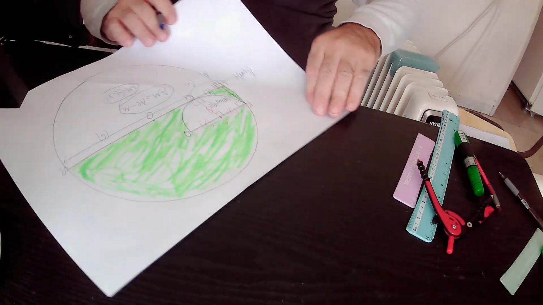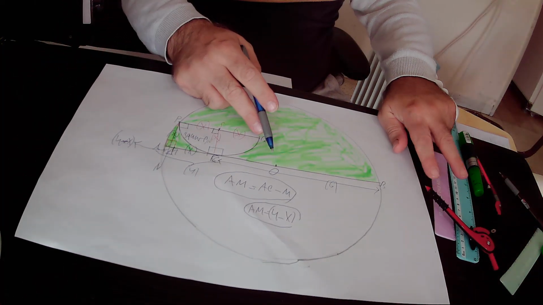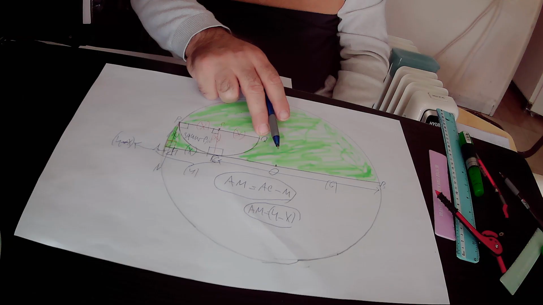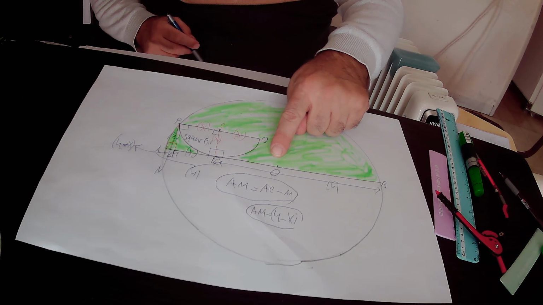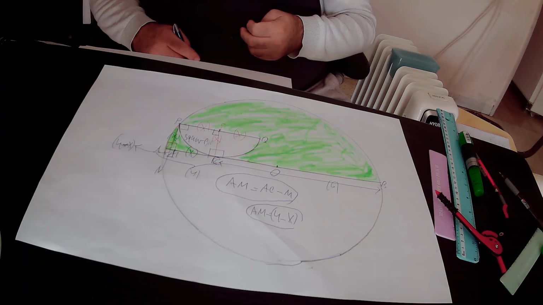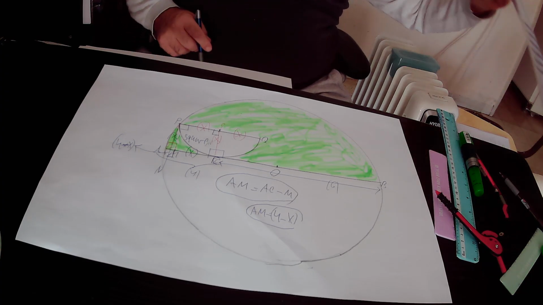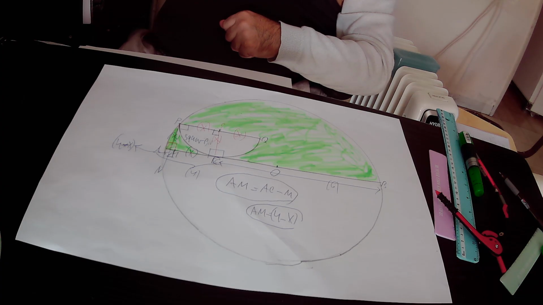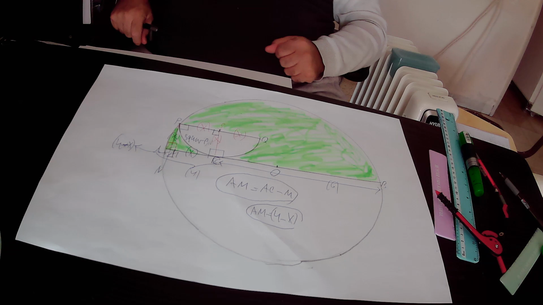So, in the drawing, point O is the center of the big circle. From point O, we have perpendicular OM on chord PN. And according to rule 15, whenever you have a perpendicular that is drawn from the center of the circle towards any chord, it will bisect the chord.